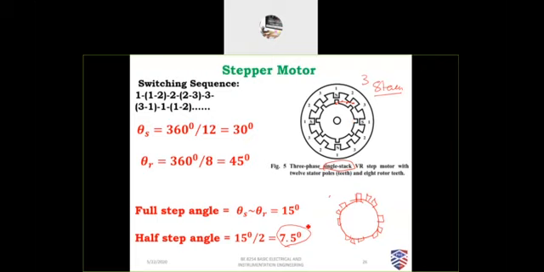Then your step will become very, very small. It's called micro stepping. Stacking means placing it one after the other with a slight angle offset.